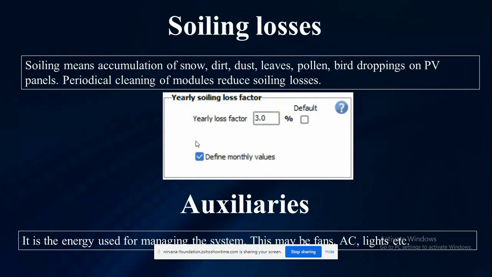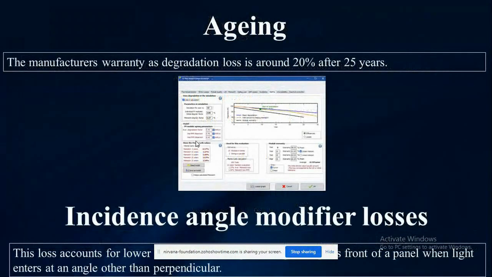For them we use energy, so that will be calculated. And then aging, this is the degradation loss. Usually every manufacturer will give 20% degradation loss after 25 years of usage, or we can specify it.